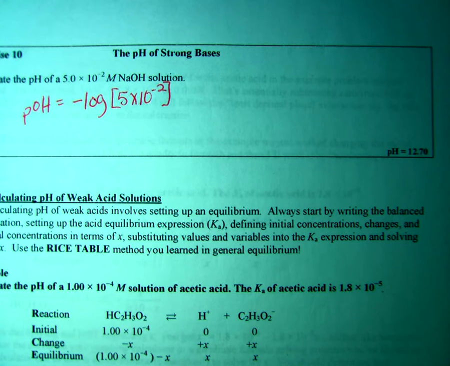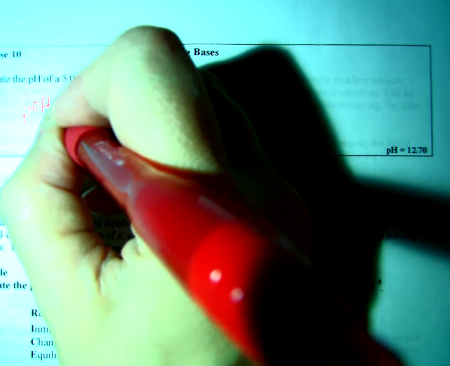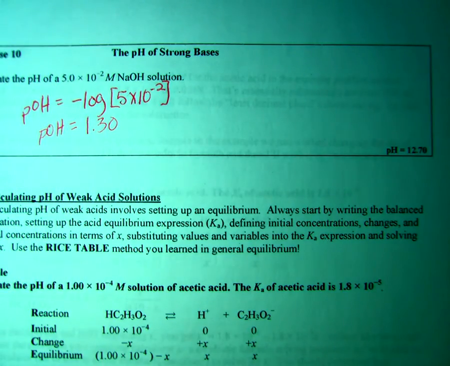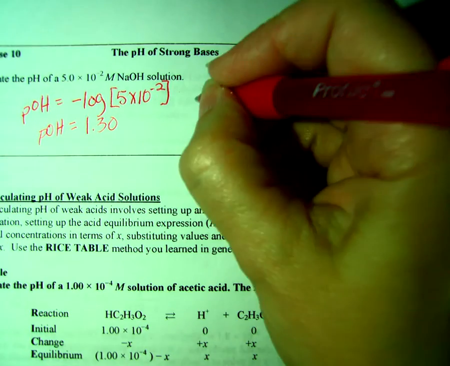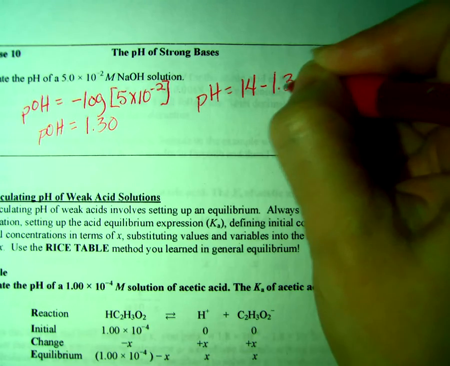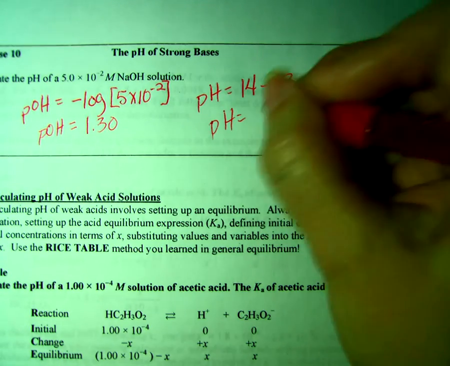So negative log of 5 times 10 to the negative second, and you should get that the pOH is 1.30. So then that means that pH is 14 minus 1.3. So pH equals 12.7.